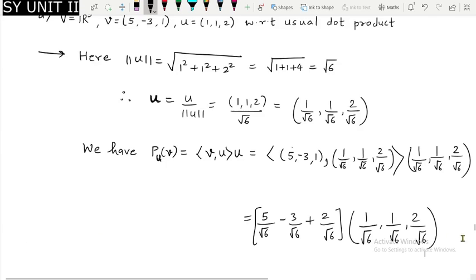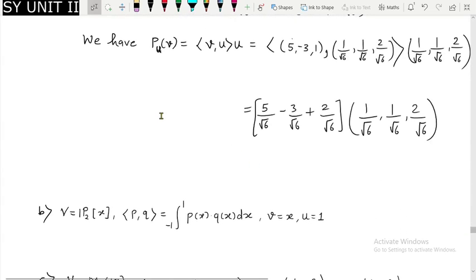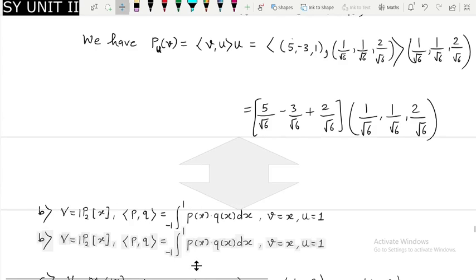So now let us calculate it. So I guess it will be 5 plus 2 is 7 and 7 minus 3 is 4, so it will be 4 upon root 6, right?